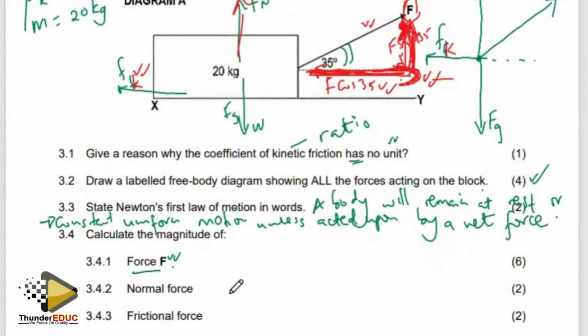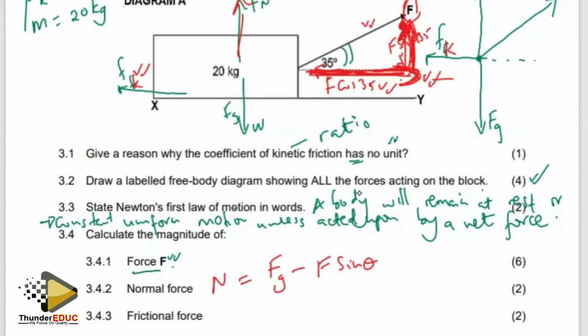Then they want us to get the normal force. So for us to get the normal force, we know the criteria, okay? Which means we shall do the same thing and do the subtraction of that. Alternatively, we can say that the normal force will be our Fg minus the F sine of theta.